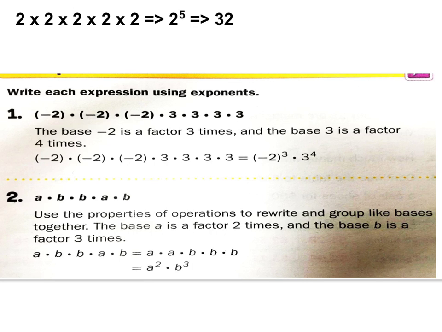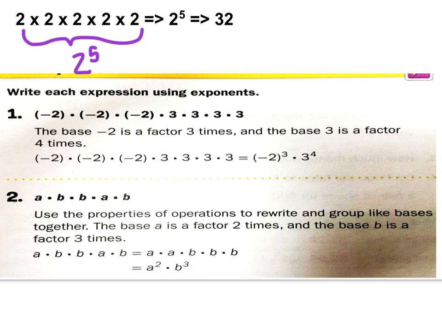Looking at our top example, you can see that I have 2 times 2 times 2 times 2 times 2. We have multiplied 2 by itself 5 times. So that is why I can combine all of this to look like 2 to the 5th power, because again, exponents are a way of writing repeated multiplication.